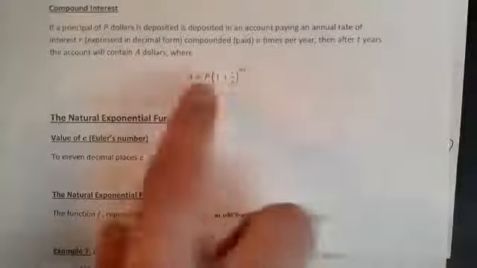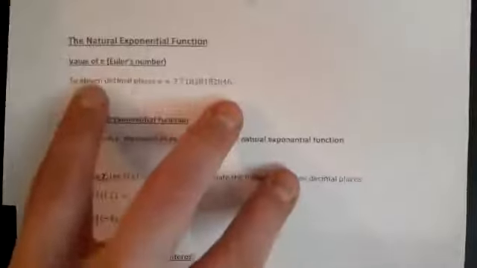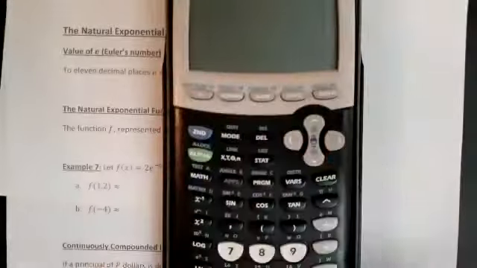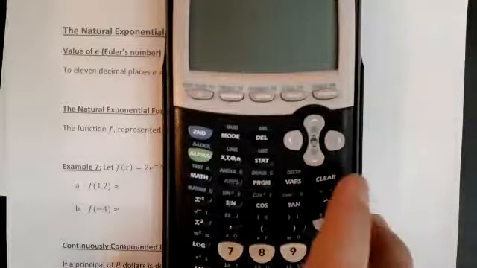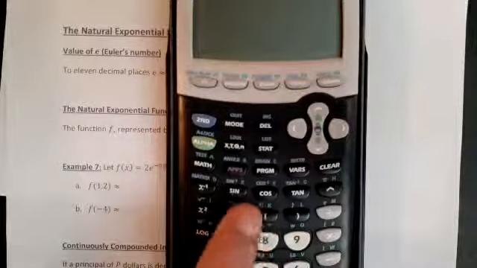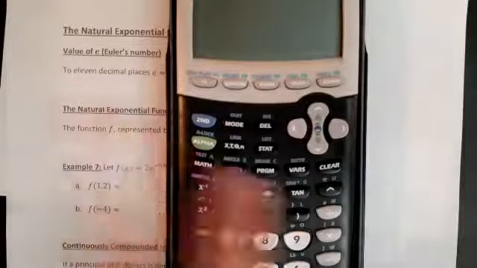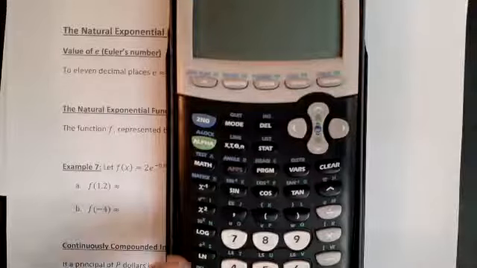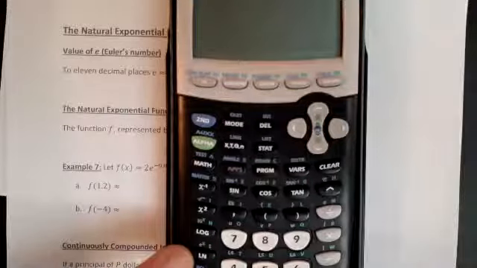So this was a modified formula we came up with in a previous problem. Now we're talking about e. If you notice, there are 2 different e's on your calculator. If we do this one, that's going to do the scientific notation. The other one you want to find is right around here.